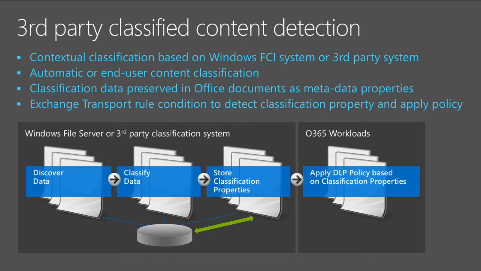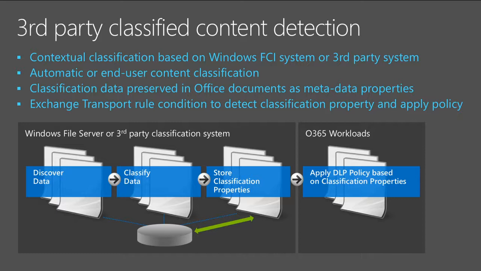So this works with any third-party system. There's a system in Windows File Server called FCI. Anybody familiar with FCI, File Classification Infrastructure? See a few people. So that can be leveraged, but you can leverage any other third-party system.